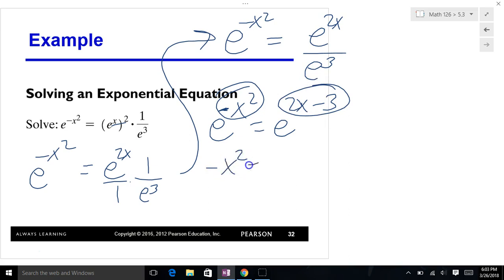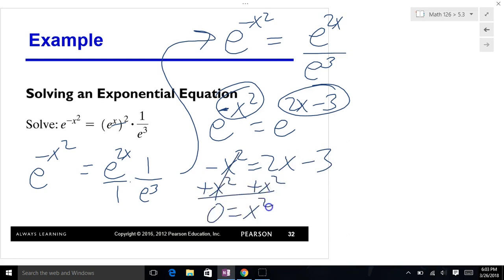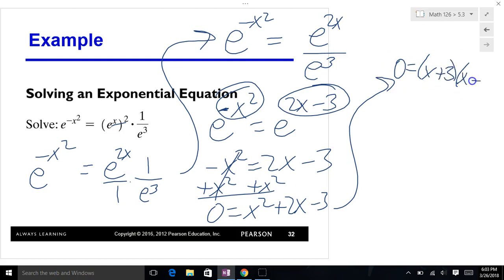So negative x squared equals 2x minus 3. Solving a quadratic this time, so get one side equals 0. So 0 equals x squared plus 2x minus 3. Factor that, so you got x plus 3, x minus 1. So x equals negative 3, or x equals 1.